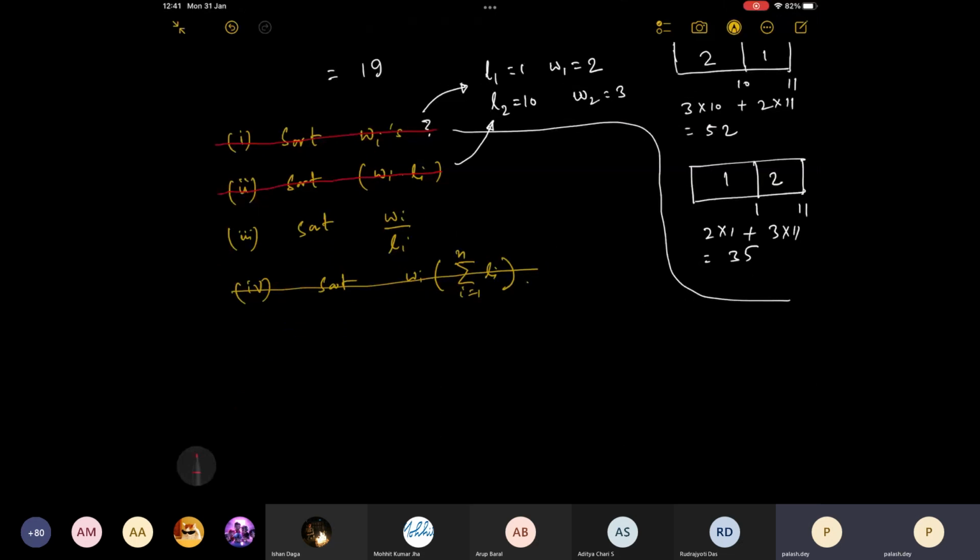So there are two very natural ways to combine. One way is the one mentioned, Wi by Li, in the third point. That is one thing which combines both the effects. I don't know whether this algorithm is correct or not.